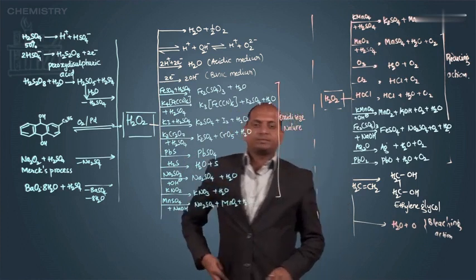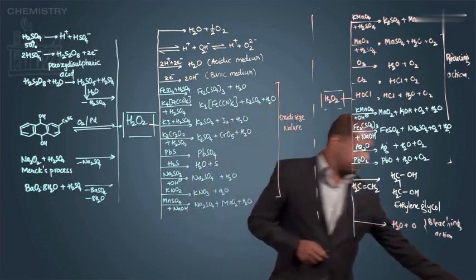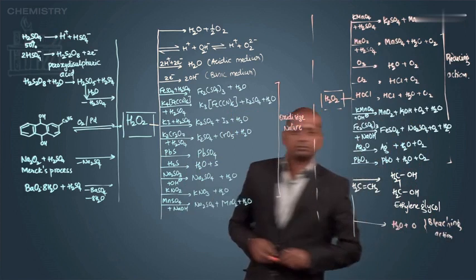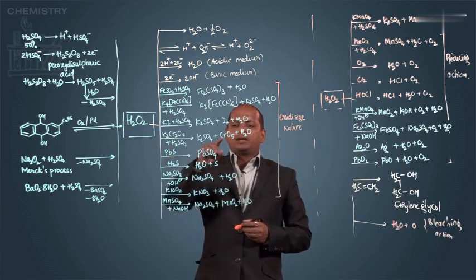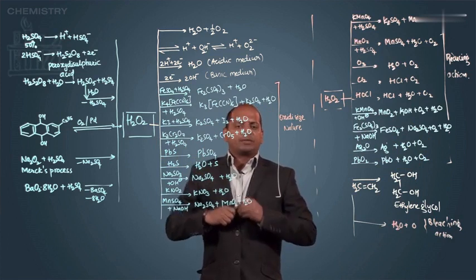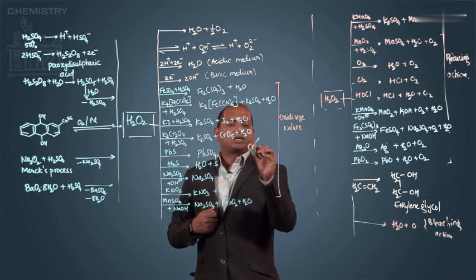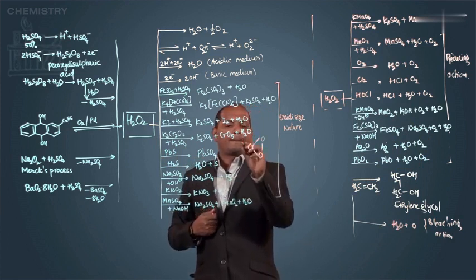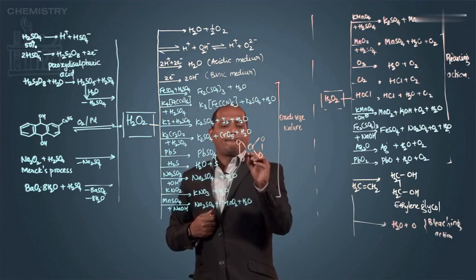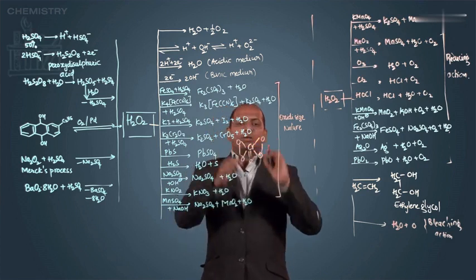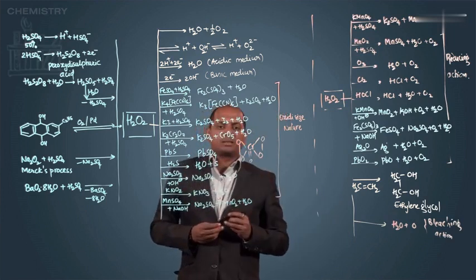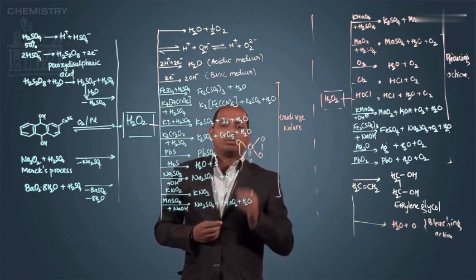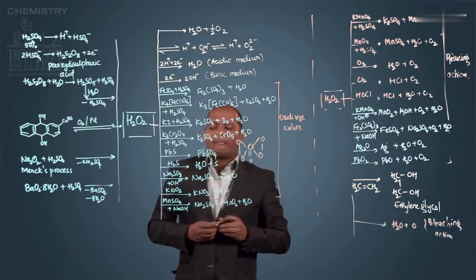In case of CrO5, which has a butterfly structure, we can draw the structure this way. So, there are 2 peroxide linkages, and because of that the oxidation state of chromium becomes +6.